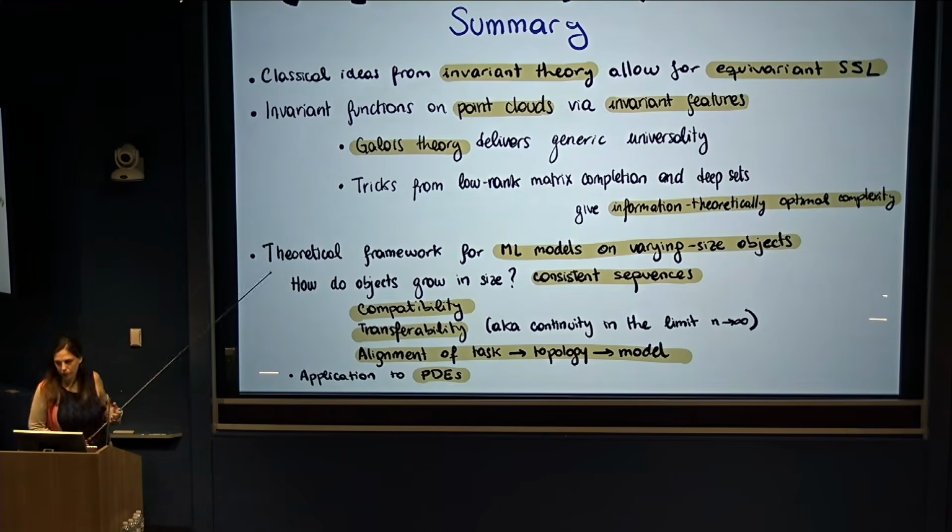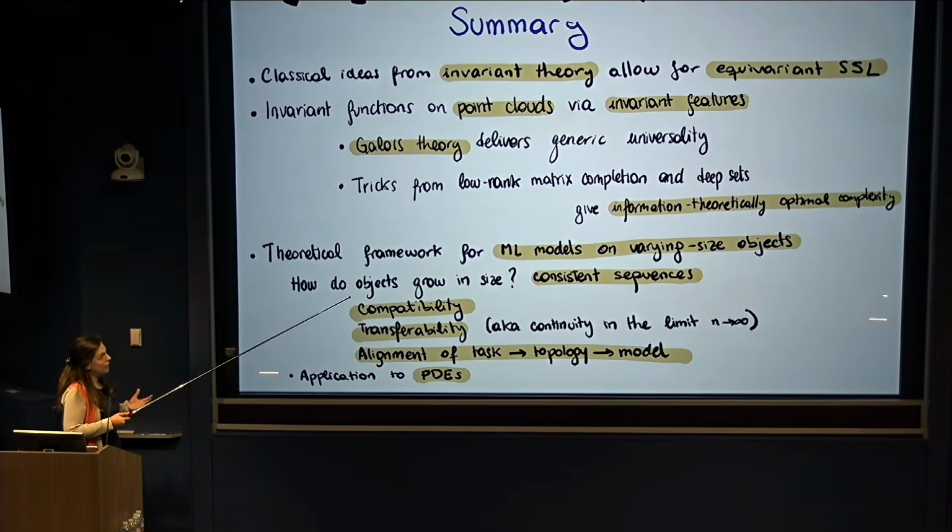I have a few minutes left, so I just want to summarize some ideas from algebra that we applied to machine learning models. We use classical invariant theory to design equivariant self-supervised learning. We use Galois theory to design invariant functions on point clouds. And we use ideas from low-rank matrix completion to make them information theoretically optimal.